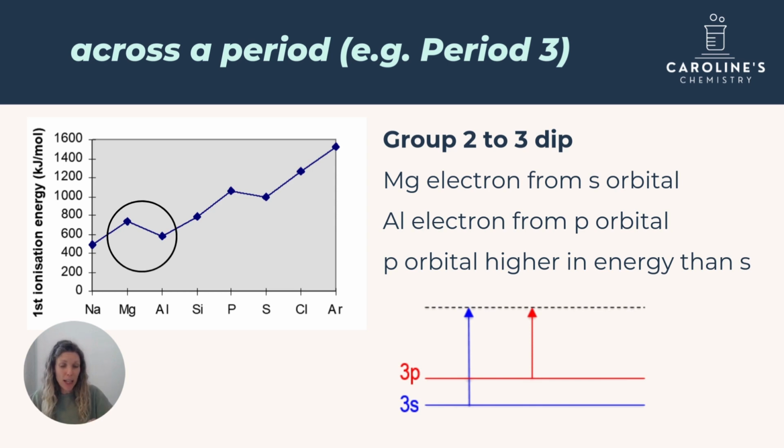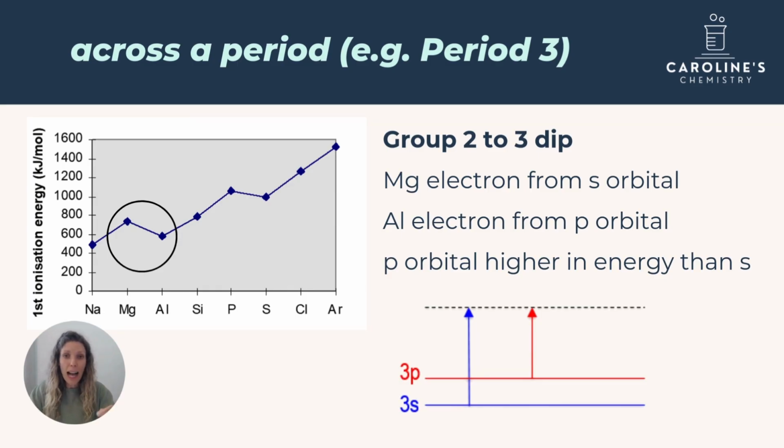Now it can be explained when we consider where the electrons are in the electron configuration. So if we think about magnesium's electron configuration, magnesium's electron configuration is 1s2, 2s2, 2p6, 3s2. So the highest energy electron is in that 3s orbital.